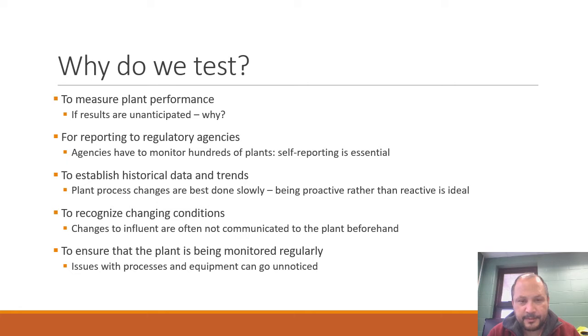So by requiring some of this testing to be done on a daily basis, we are ensuring that somebody is out in the plant looking at the equipment and at the tanks on a daily basis, and sometimes might notice an issue that otherwise would go unnoticed until that issue got larger. So those are some of the reasons why we might do testing.